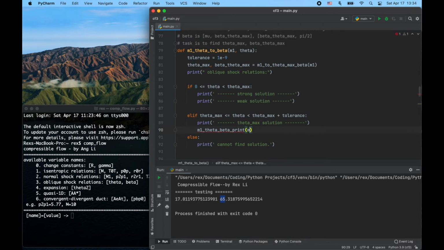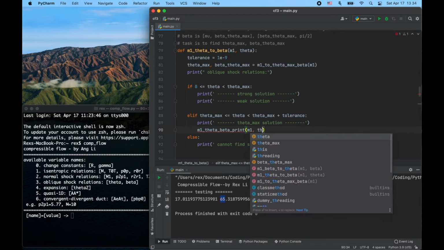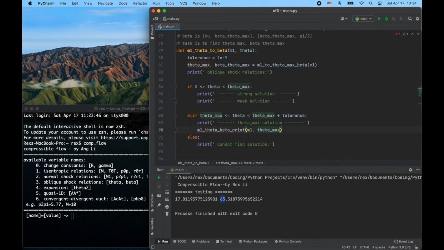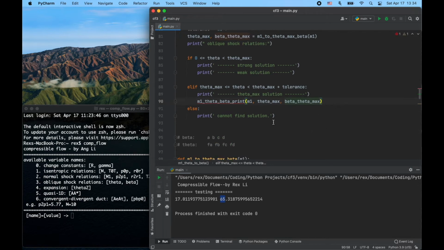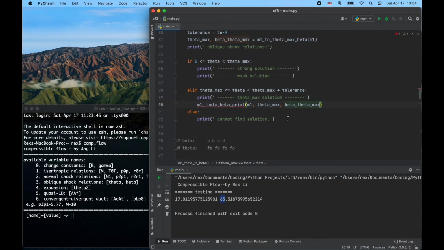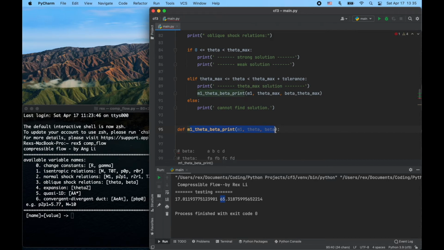And I'm going to use all of them. So M1, theta max, beta, theta max. And I will write another function. Define this. Because this function is going to be used here and here twice, that's why I write down another function for that.